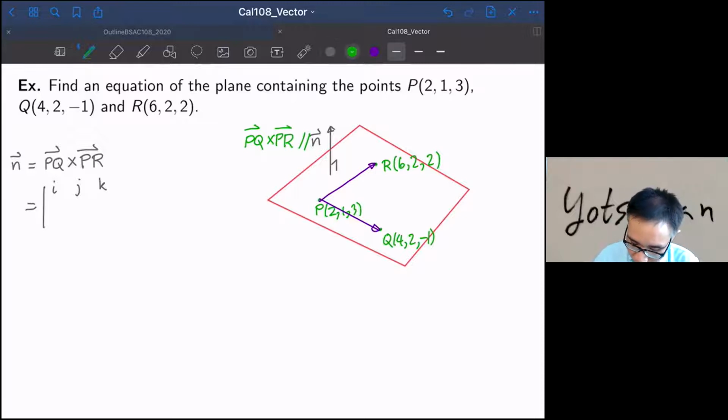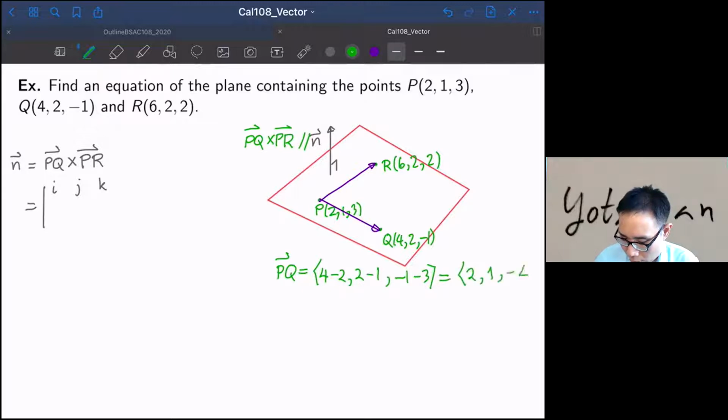Let's compute them first. So you have PQ given by 4 minus 2, 2 minus 1, negative 1 minus 3. So it's going to be 2, 1, negative 4, okay? And you have PR given by 6 minus 2, 2 minus 1, and 2 minus 3.